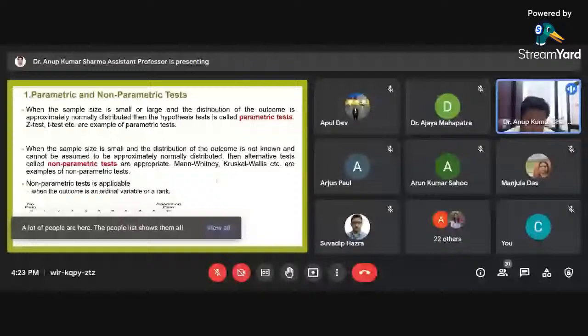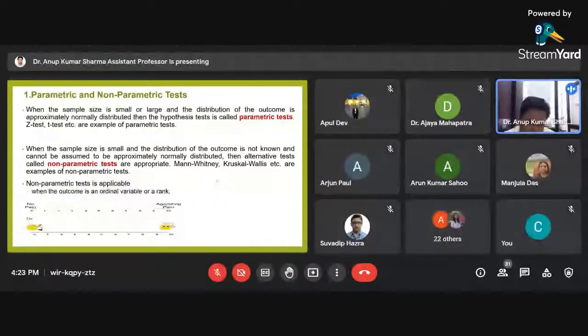But for any population data, we have huge data and we take samples, which itself follows the normal distribution. So we can assume this data follows the normal distribution, and then the test we apply is called the parametric test. This is part of statistical inference, and statistical inference has two parts.